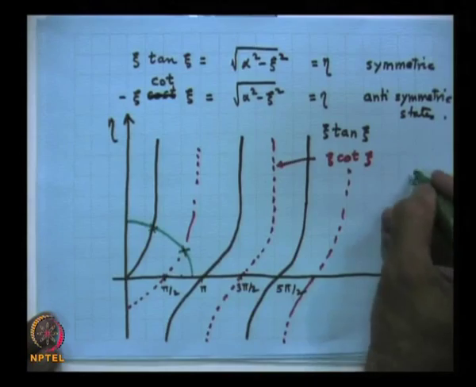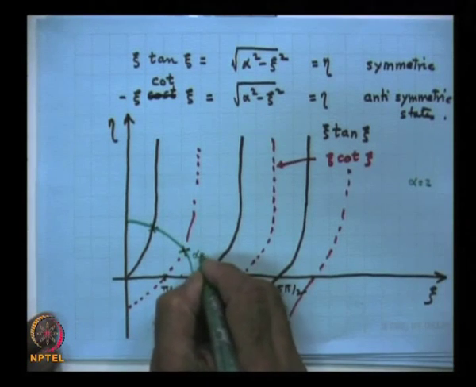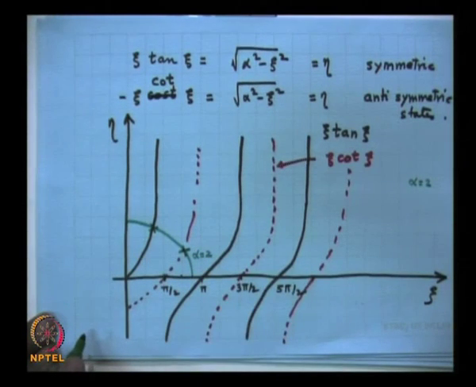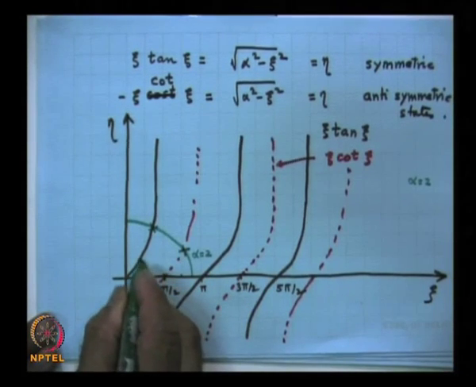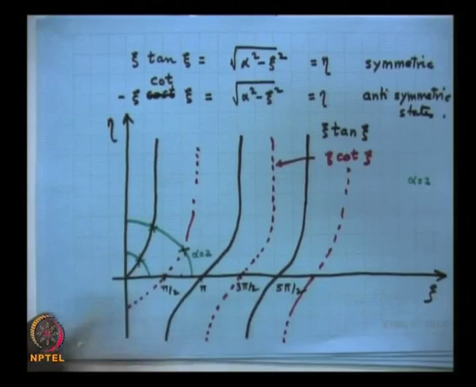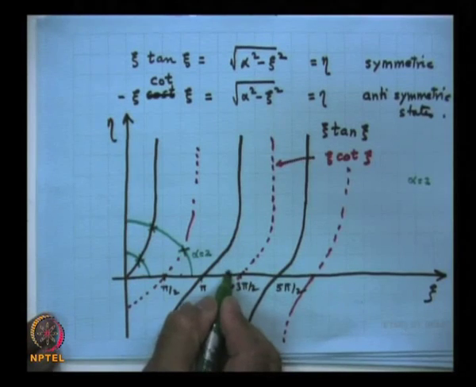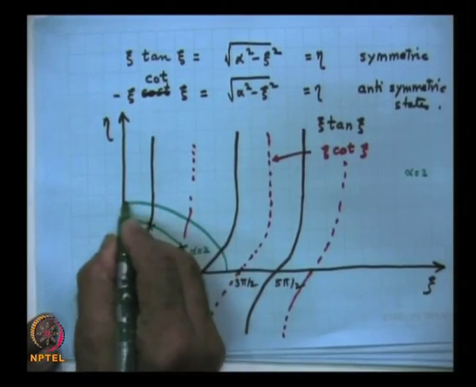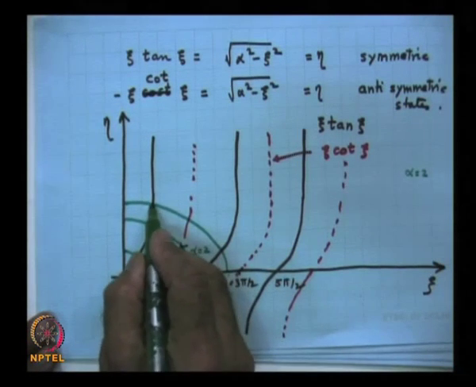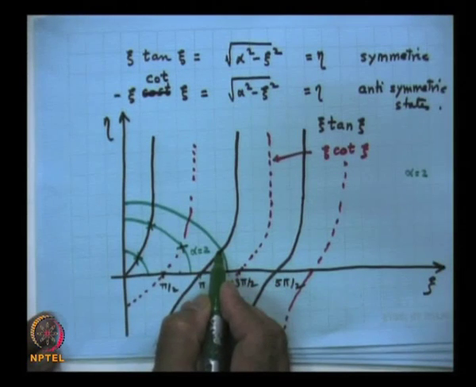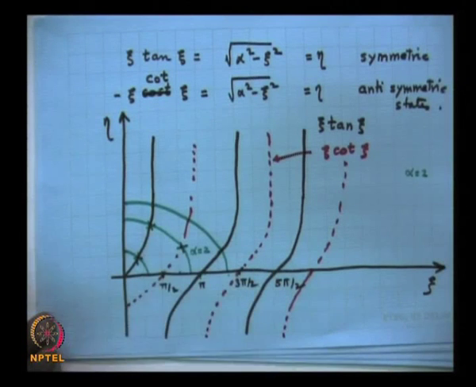This is alpha equal to 2. If alpha was equal to 1, then there will be only one symmetric state, only one discrete state. If alpha was 4, the radius is greater than pi, then there will be two symmetric states and one anti-symmetric state.